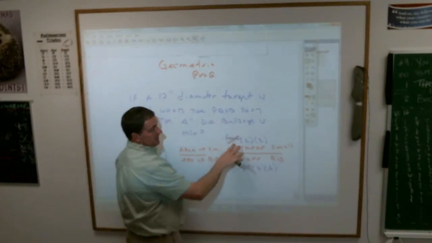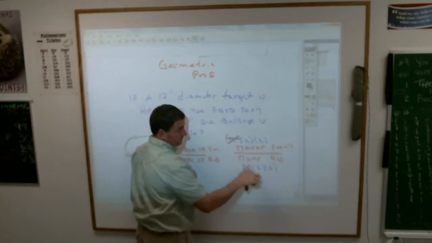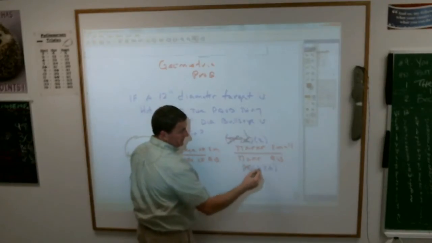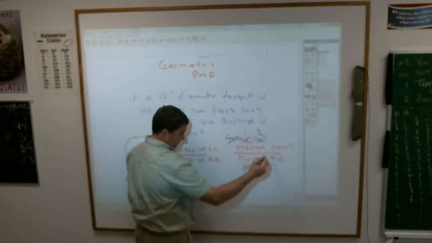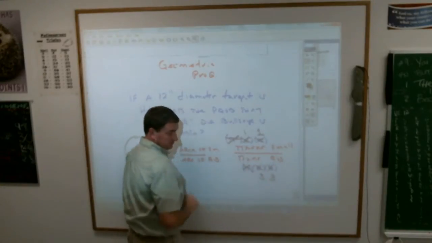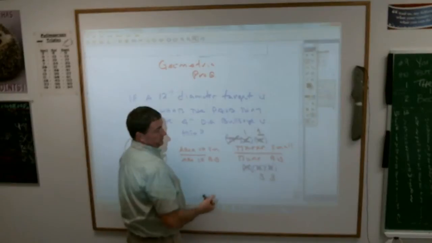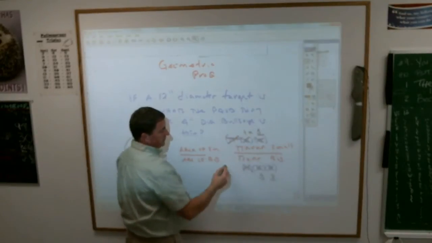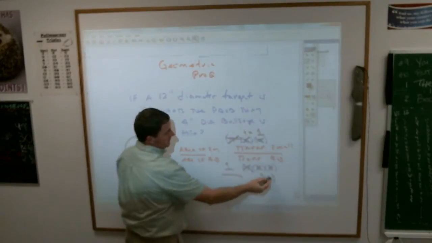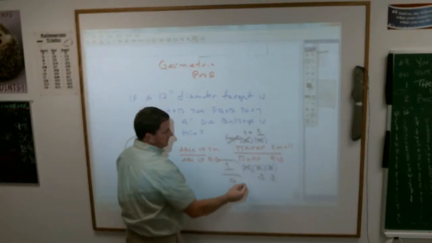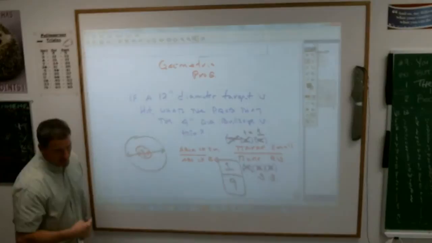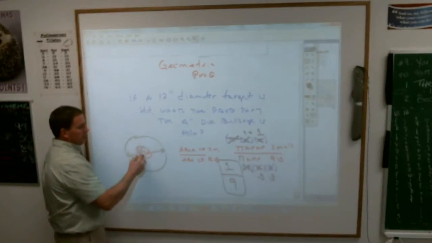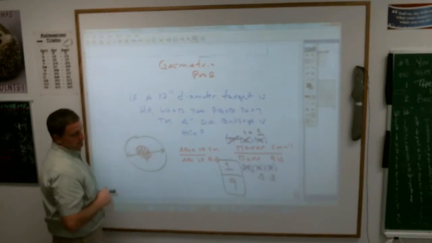You can do the same with the 2 and the 6: 2 goes into 2 once and into 6 three times. So 1 times 1 is 1, and 3 times 3 is 9. The probability is 1/9 that if you hit the target, you'll hit that middle section.